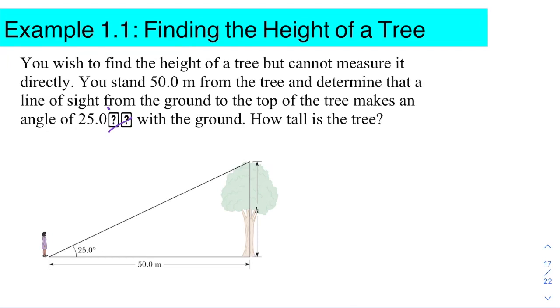So how to do this? From the angle here, you have the adjacent side. You want to know how tall the tree is, the height of the tree. With respect to this 25 degree angle, this is the opposite side.